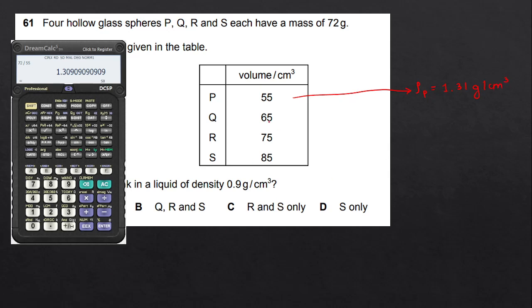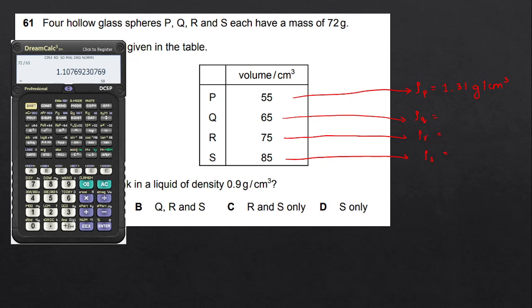Similarly, let's find out the density of object Q, then the density of object R and the density of object S. Density of object Q will be 72 over 65. 72 divided by 65 is 1.107.